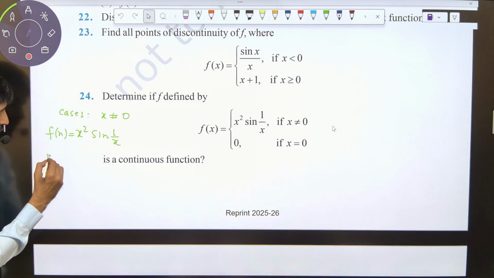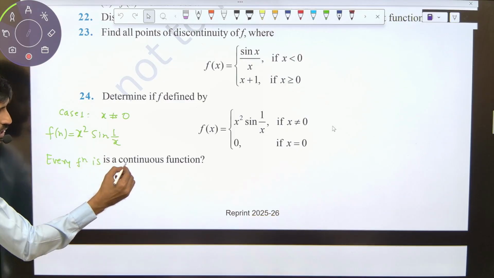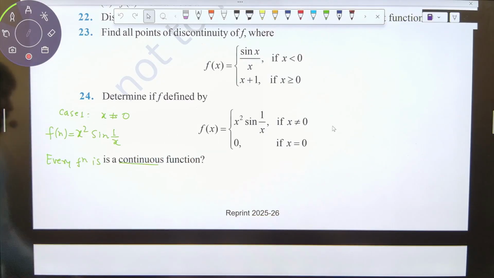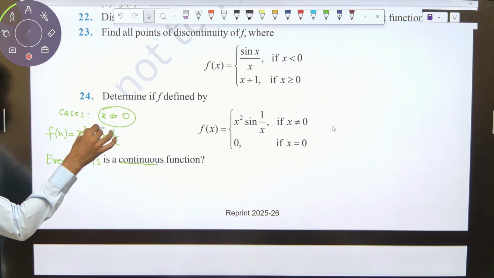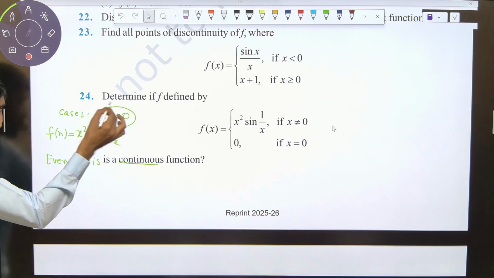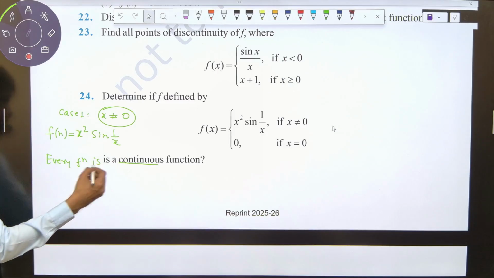You'll write every function is continuous in its domain. And what is the domain here? All numbers except 0. Every function is continuous in its domain. So this is continuous, so you'll write that.